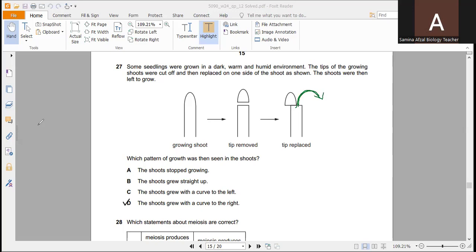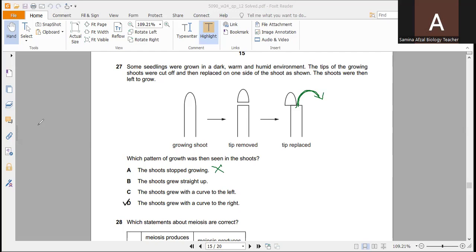So why is A not correct? The shoot stopped growing. Why? Because oxygen is present, so growth will occur. It will not stop growing. So this is not the correct option. The shoots grew straight up.